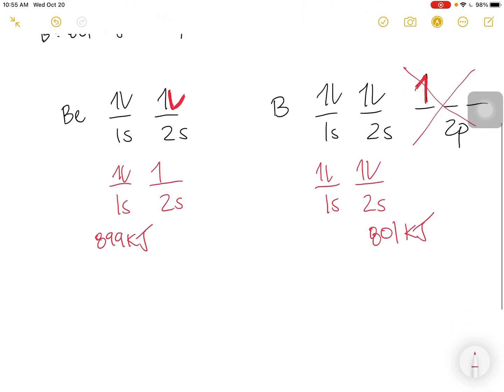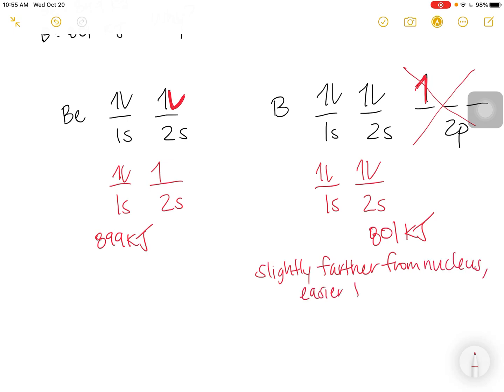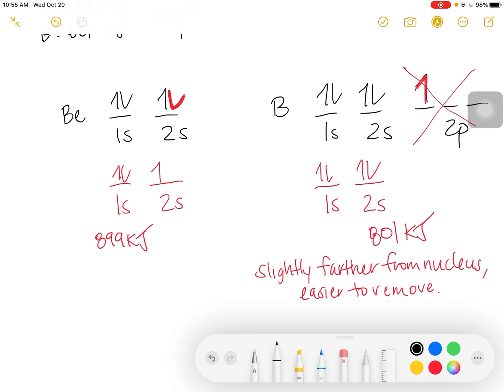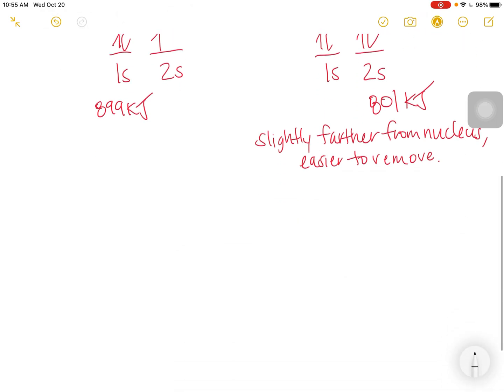So it's actually easier to remove boron's electron because it's at a slightly further distance from the nucleus, which goes against our trend. So it's important to know that exceptions exist. I don't think it's important to stress about them, but it's important to know.